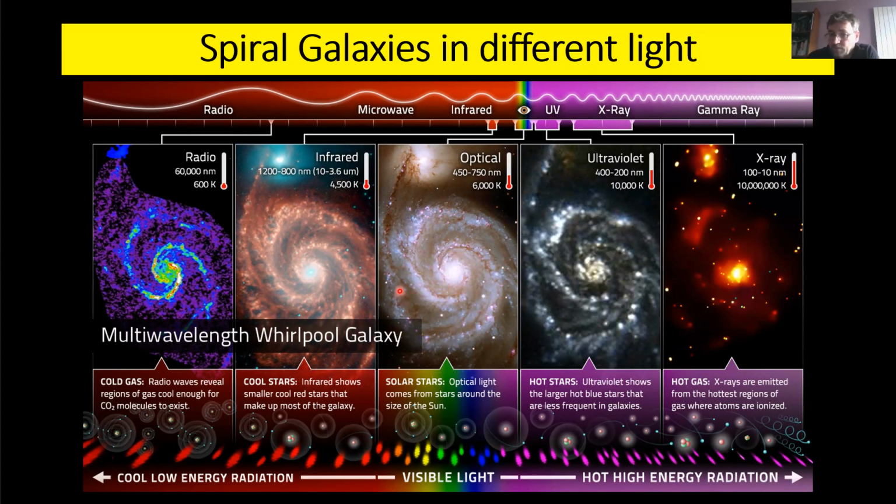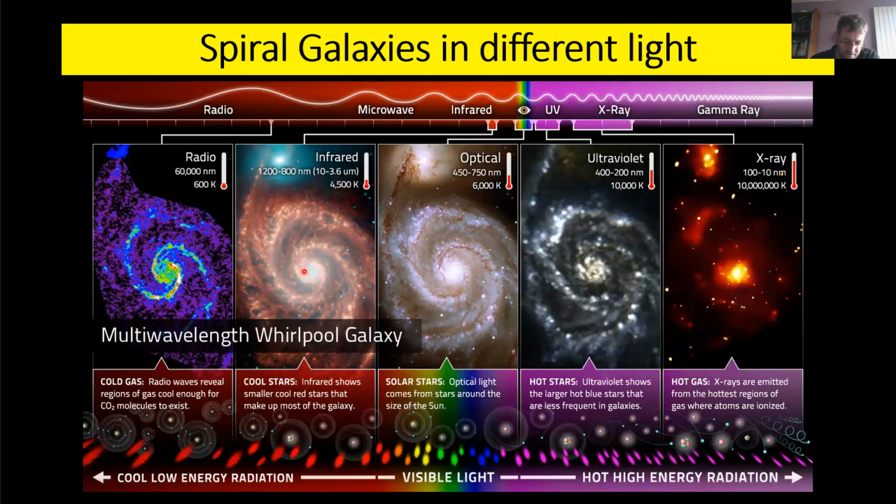Then, of course, we can look in the infrared. In the infrared, what we will see mostly, indeed, you're right, mostly we will see red stars. They come out better in the infrared because the Planck spectrum is now sitting more on this side.